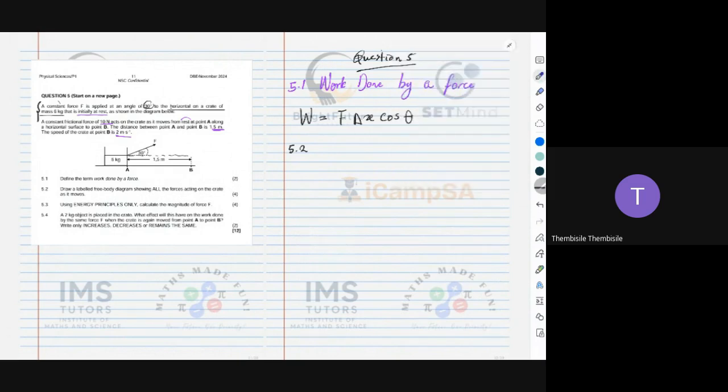So the free body diagram, as we know it, I'm just going to be fast on it because we know it. We're going to have your normal force here because it's on a horizontal surface, and even on an incline you'd have it, so it's going to point accordingly. Then you have your force F here. Then you have your weight, which is Fg.